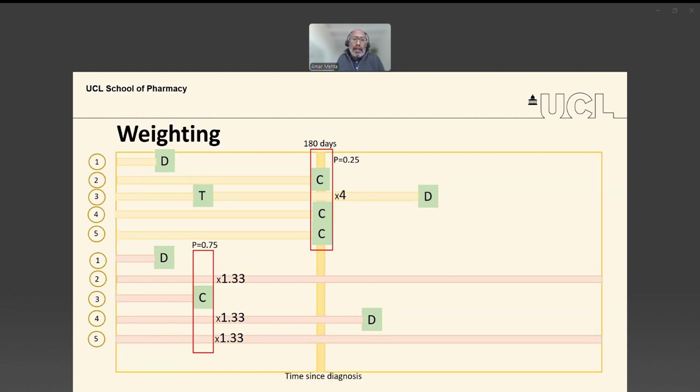Okay, and here's a question about additional applications of the clone censor weighting approach: is it better suited to either interaction modeling or stratified analyses with stabilized weights as ways to examine heterogeneity, and why? It depends.